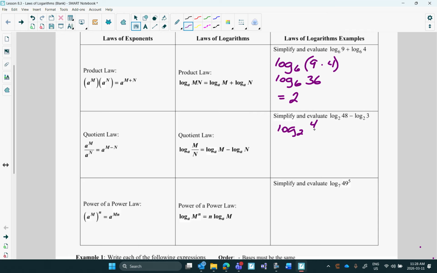Log base 2 of 48 divided by 3, which is the same as log base 2 of 16. And what is log base 2 of 16? Well, 2 to the what is 16? 4.